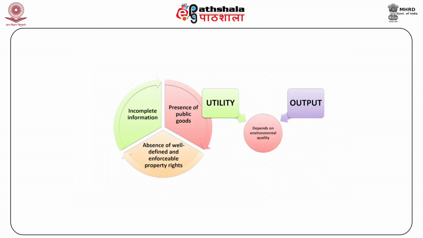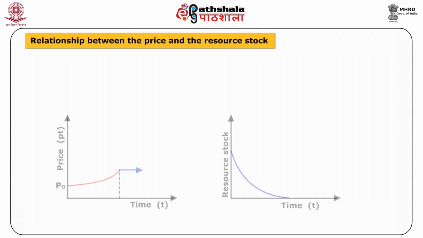There may be other forms of market failure, like absence of well-defined and enforceable property rights and incomplete information. Some of the agents' functions may depend upon environmental quality, like utility and output produced in the economy. The relationship between the price and the resource stock is depicted in the figure.